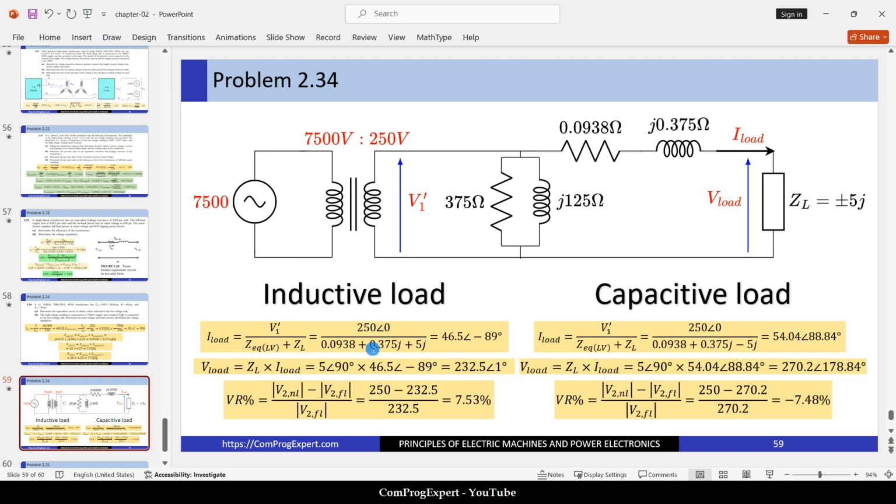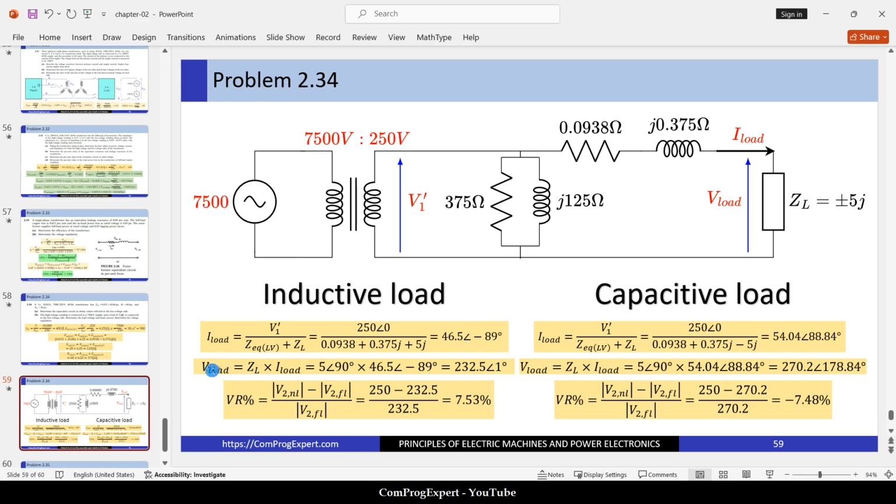So, yes, 250. Let's consider the angle of this phasor as the base, divided by this summation. For the inductive load, we have this plus 5j. The value of the load current is 46.5. This is the angle.